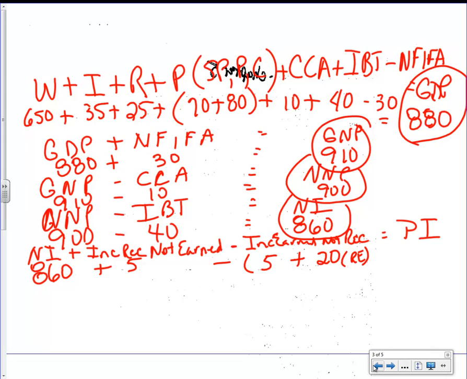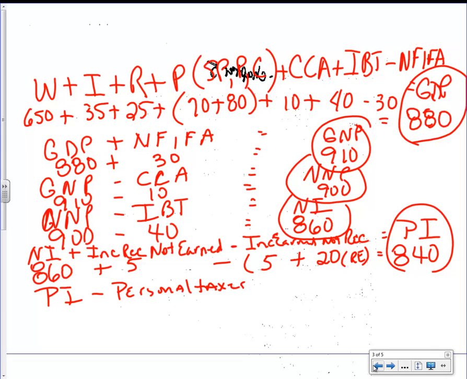Retained earnings are earnings kept by the corporation and not given to the owners of the corporation. So we have 25 to subtract out, 5 to add back, so that gives us $840 of personal income.